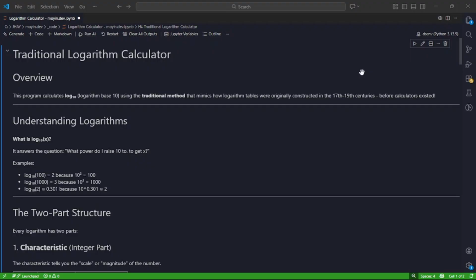So for this, I first went into research and was able to piece together one of the methods by which logarithms were calculated traditionally. I'm sure this takes us back. My dad would always tell me about when he was in school and there were no logarithm tables and calculators.